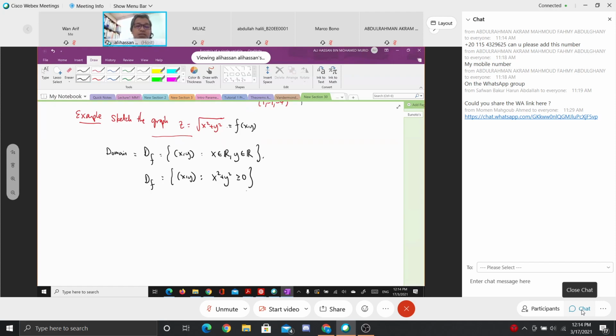Sometimes students might be tempted to write in this second form, but don't write it in this form. You should write it in the first form. That xy means the entire xy plane. The domain is actually the entire xy plane.